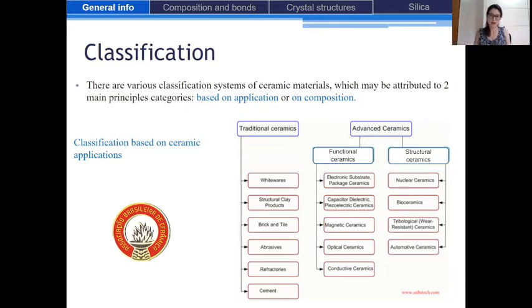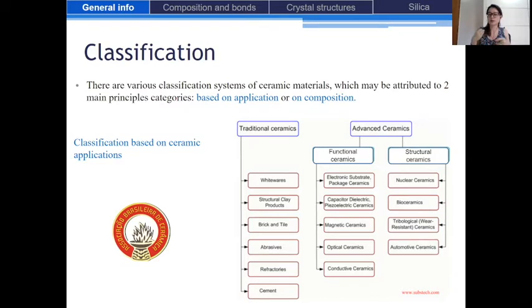Basically traditional ceramics are those that compose whitewares, structural clay products, brick and tile, abrasive, refractories, and cement. Whereas advanced ceramics, as you can see in this diagram, are either functional ceramics, that means they have functional properties such as a specific electronic property.